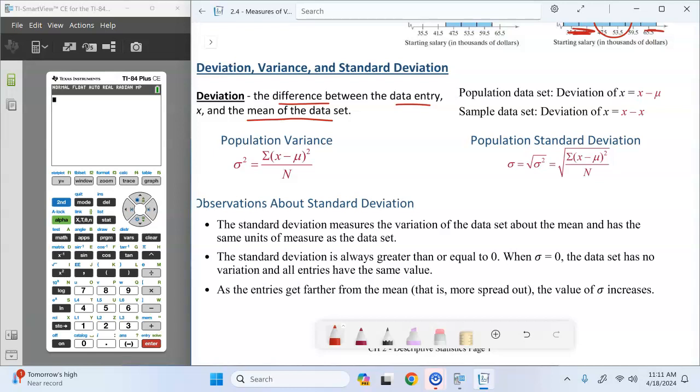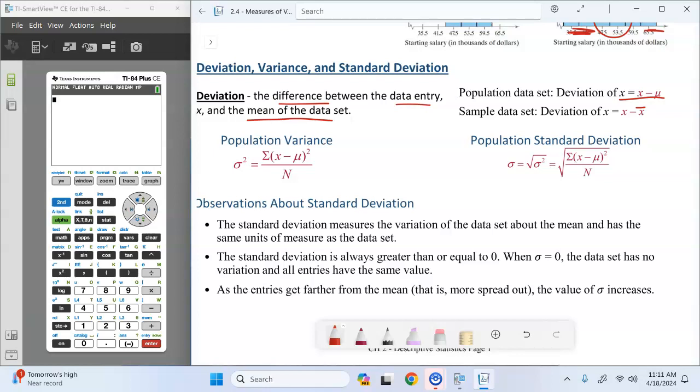Okay? So every single data point is going to have its own deviation from the mean. We use deviation in calculating variance, and then we use variance in finding our standard deviation. And we're going to spend most of our time looking at standard deviation. So when we have a population data set, our deviation is going to be our data point subtracted by the mean, that's mu. If it's a sample, it's a data value subtracted by x bar, the mean of the sample.